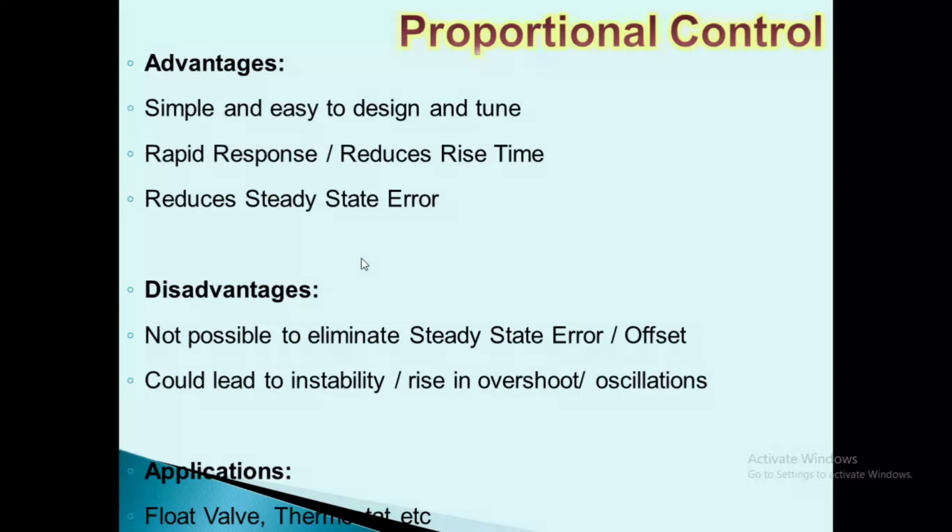It might reduce the steady state error, as you can see in the advantages, but it cannot completely eliminate it. The other disadvantage is that it could lead to instability. At certain times during controlling action, your system may become unstable. Applications are controlling a float valve and the thermostat inside refrigerators. Now the next control action is derivative control action.